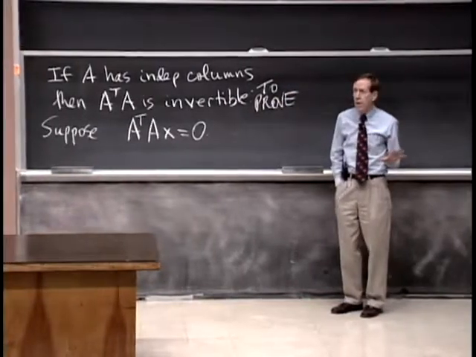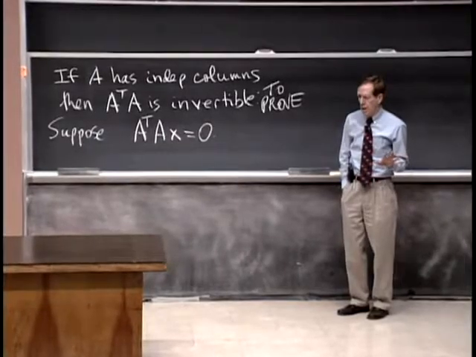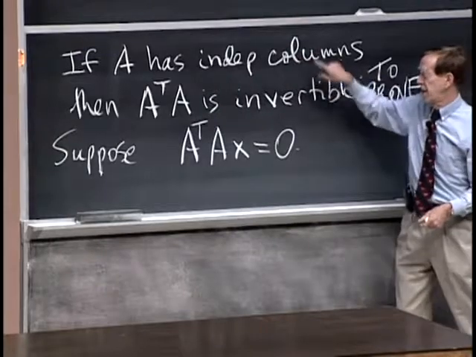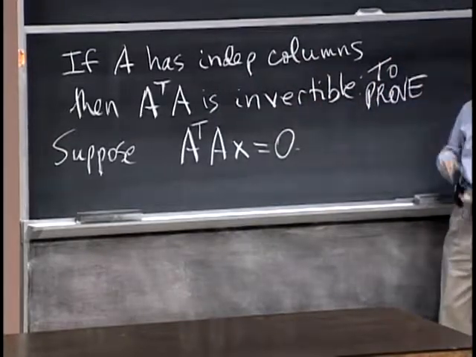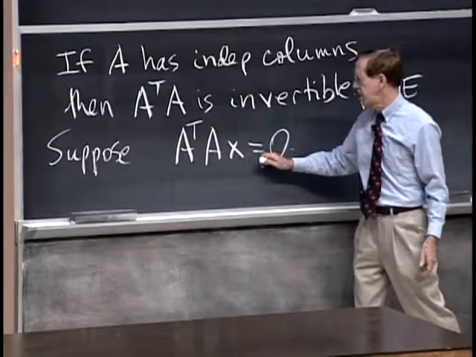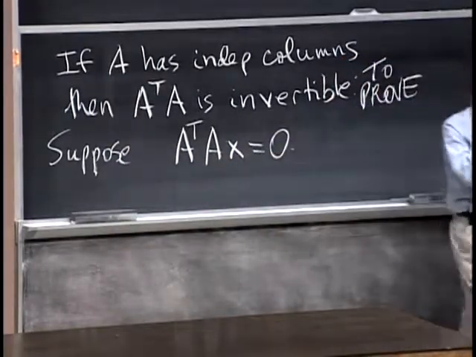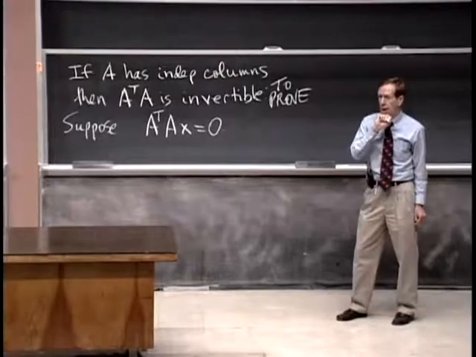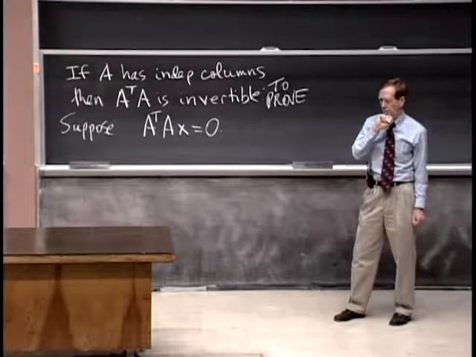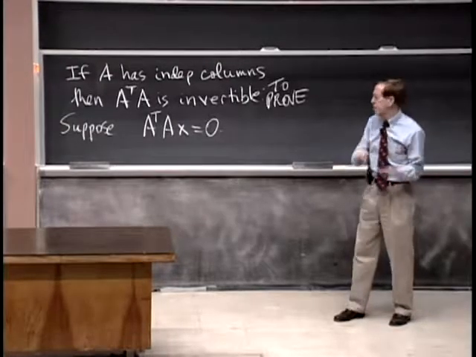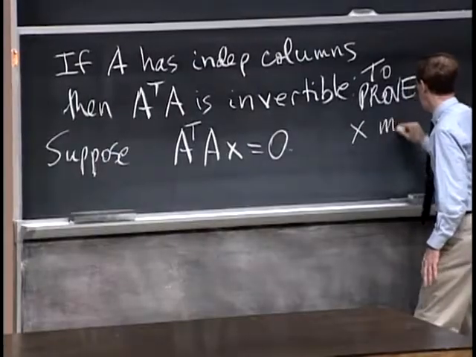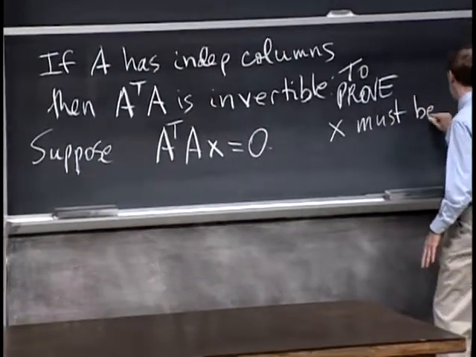So what do I want to prove now? I'm aiming to prove that this matrix is invertible. Okay, so if I suppose A transpose A x is 0, then what conclusion do I want to reach? I'd like to know that x must be 0. I want to show x must be the 0 vector.